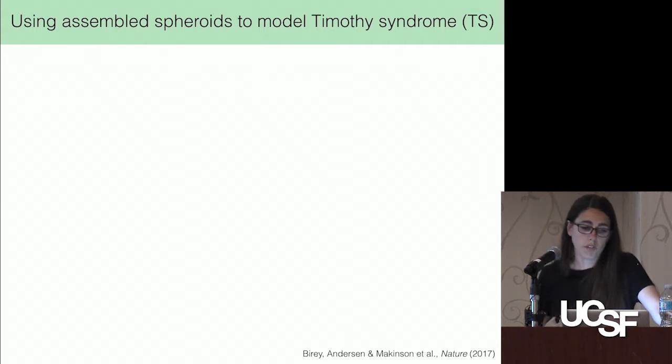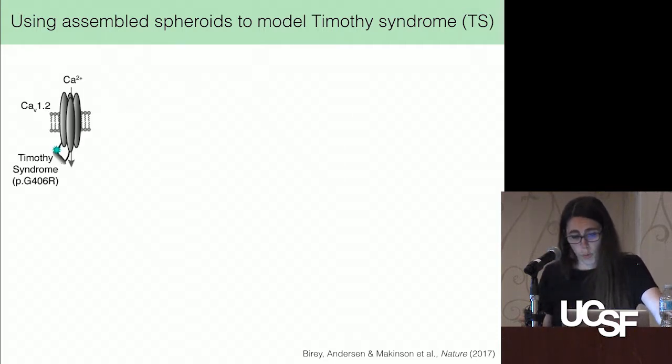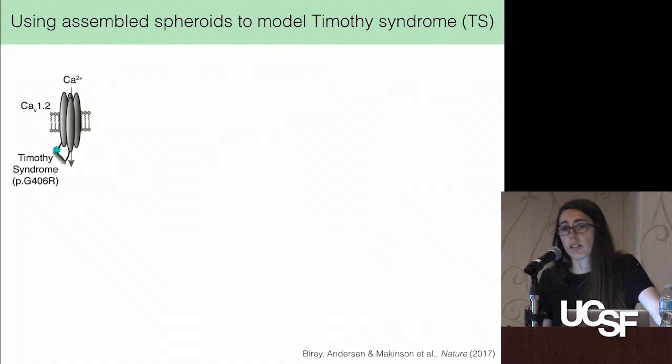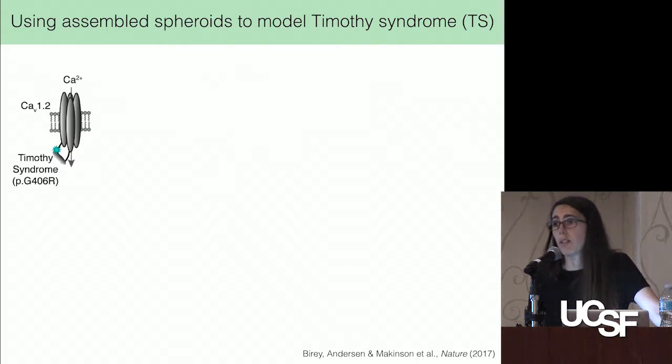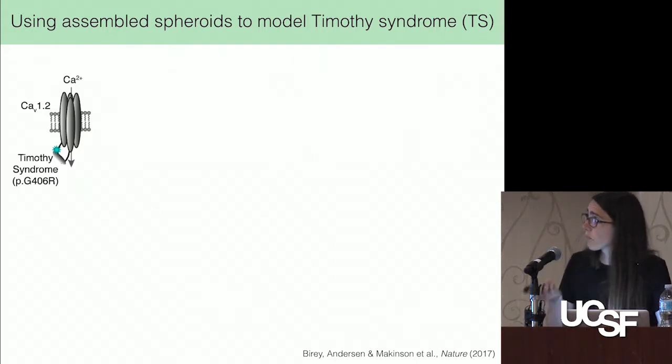For that, we first started with patient cells from patients with Timothy syndrome. Timothy syndrome is a disorder that is highly penetrant, is monogenic, and is characterized by epilepsy and autism spectrum disorder, as well as cardiac arrhythmias and sudden cardiac death.